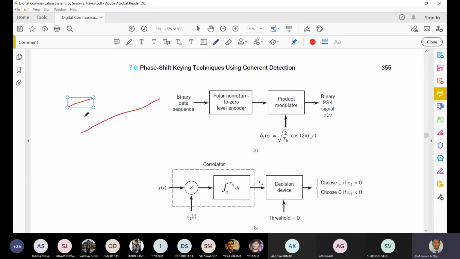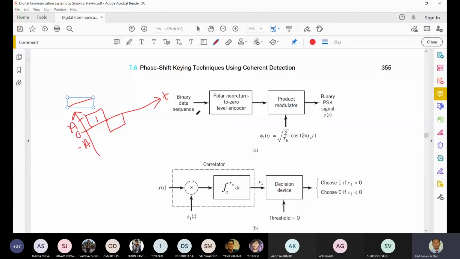So if this is representing one, and this is representing zero, and this is the time axis and this is the amplitude axis, then when we discussed this, we took A and minus A as the two values, and this is the zero.